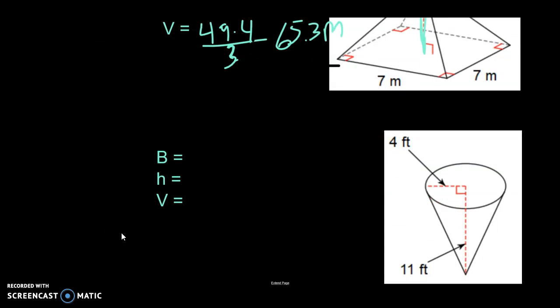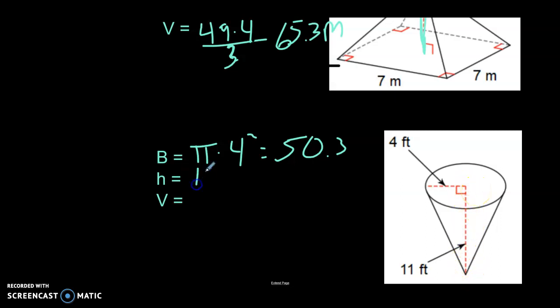But because the base is a circle, we have to do pi times the radius squared. Pi times 4 squared will find us the area of the base, because a circle is radius squared times pi, and we get 50.3 for the area of the base. The height of the cone is always going to be that distance, again, from the center of the base to the highest point, or in this case, the lowest point.